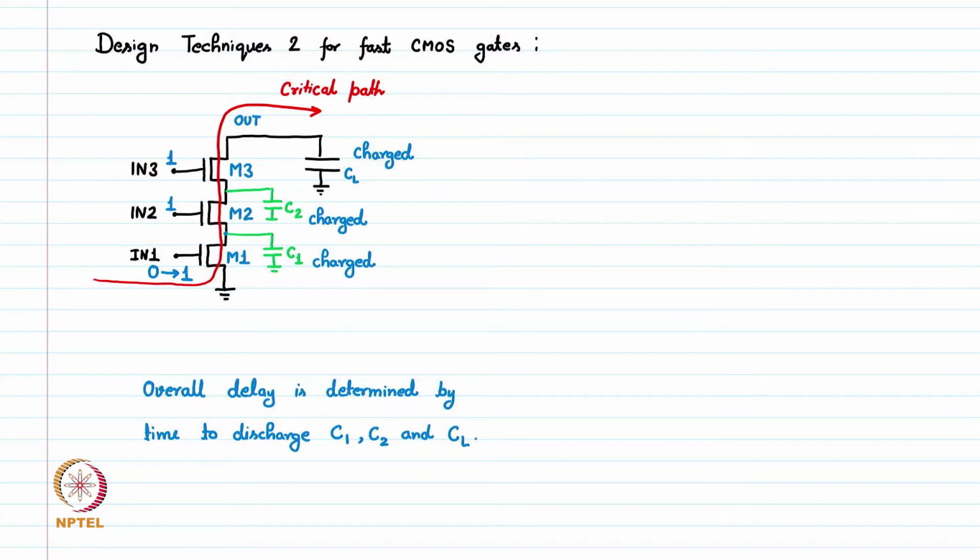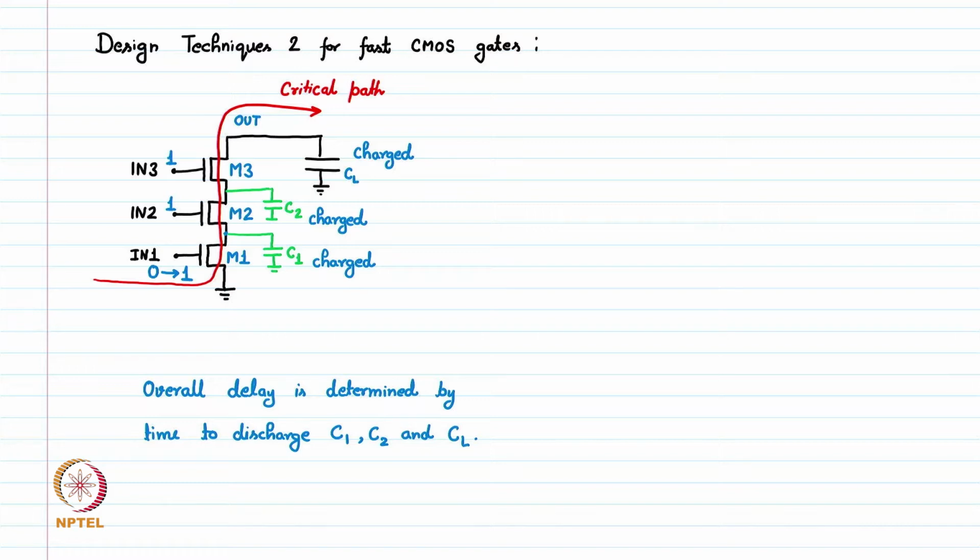So all of these three capacitances need to be discharged to calculate the overall delay, which is going to be high because C1, C2 and CL, all three capacitors need to be discharged through M1. So this is the problem where we have a critical path which is coming from input to the output, from IN1 to the output node, and we have to discharge C1, C2 and CL.